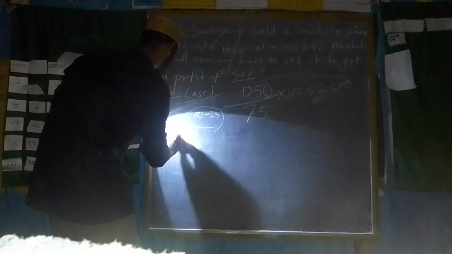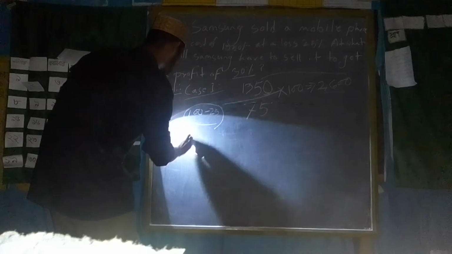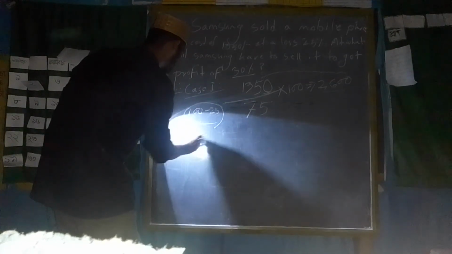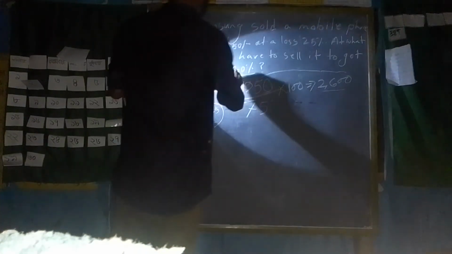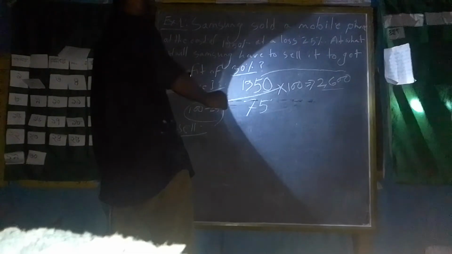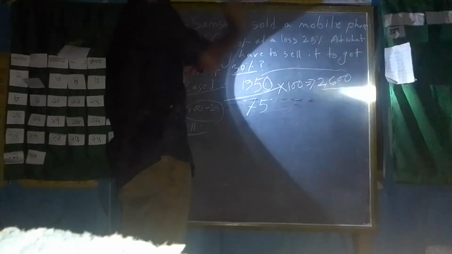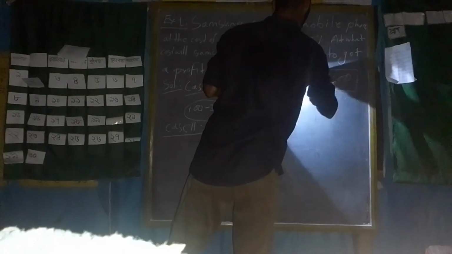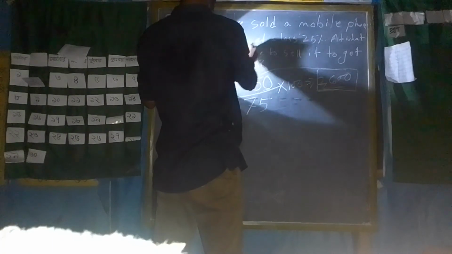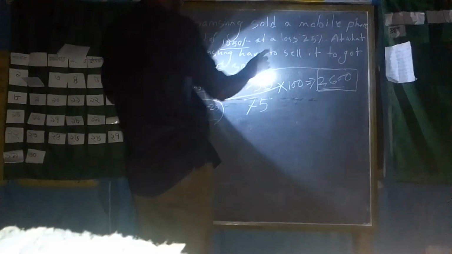Now go to case number 2. Here we need to identify the 30% profit. Profit or loss is always reckoned on what? On cost price. Here the cost price is 2600. 1950 taka is the selling price, not the cost price.